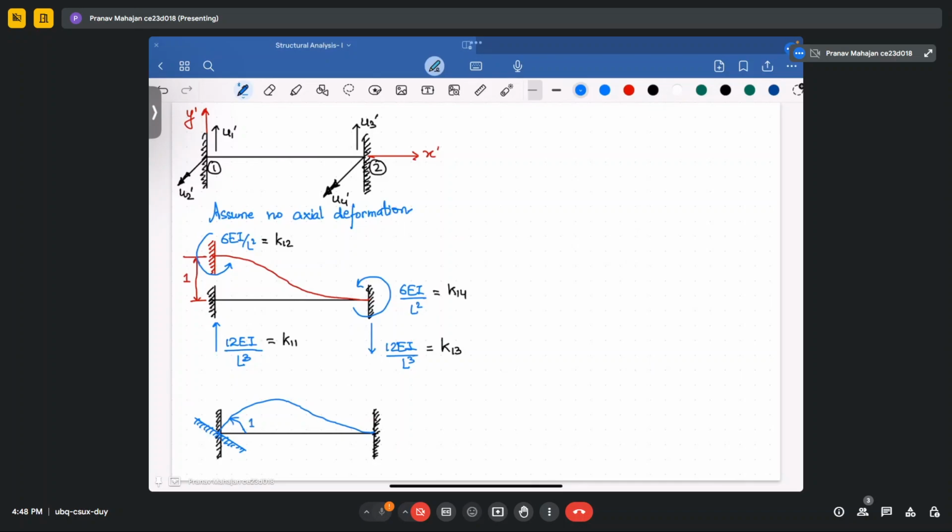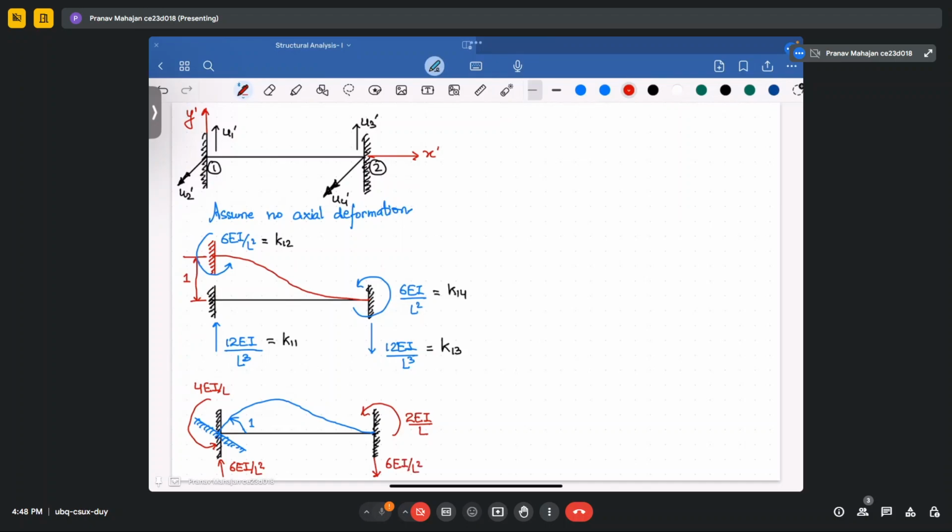So in this case, the moment that will be developed will be 4 EI by L, and in the other case you will get 2 EI by L, and the reactions that will be developed will be equal to 6 EI upon L square, and at the other point it will be 6 EI upon L square.